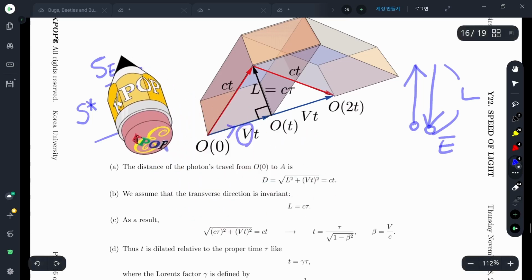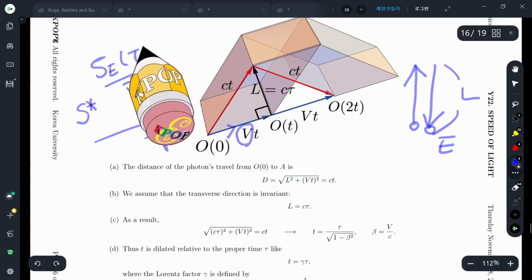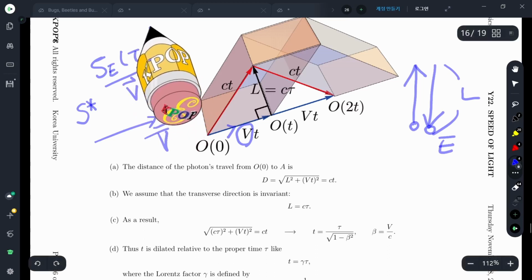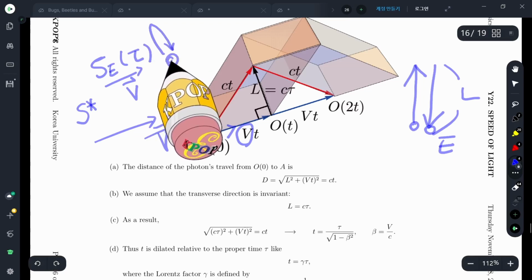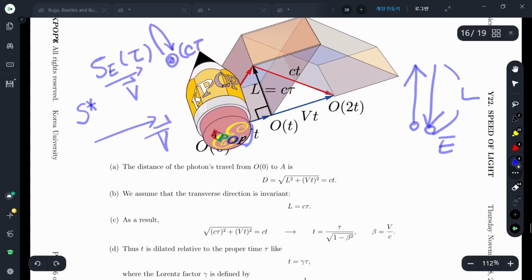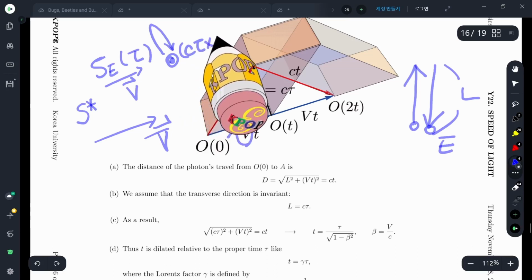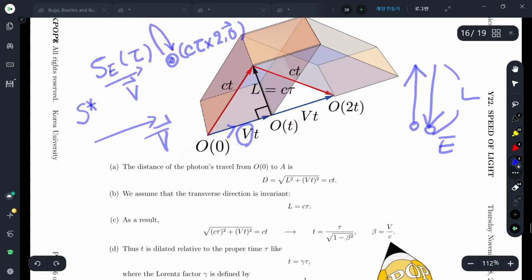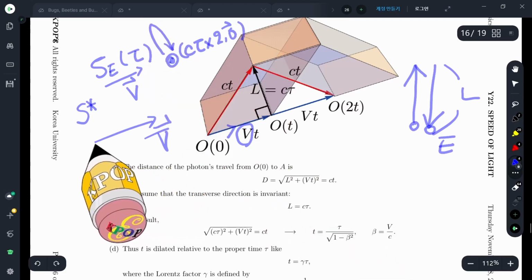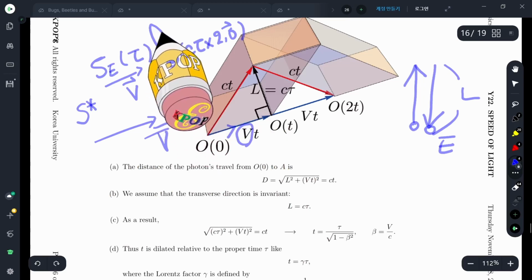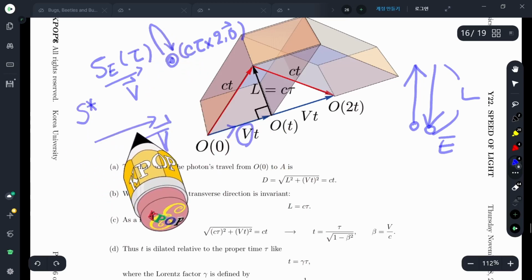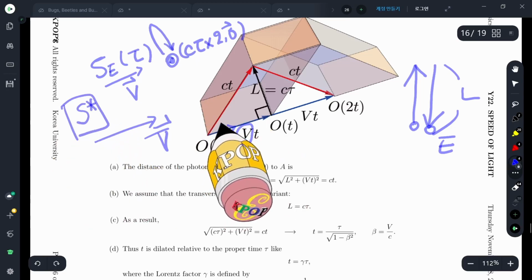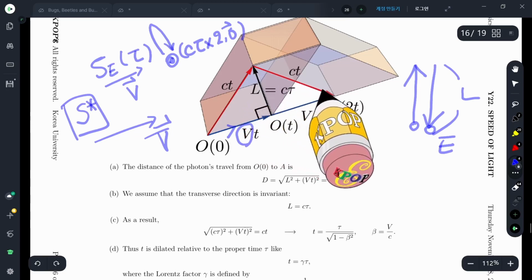Then on Earth, we used proper time tau to consider the motion of the photon because it returns to the same starting point. So the change was c tau times the vector (2, 0) for the return travel. However, if you look at the motion of the photon in the frame of reference S star, it follows the red line.